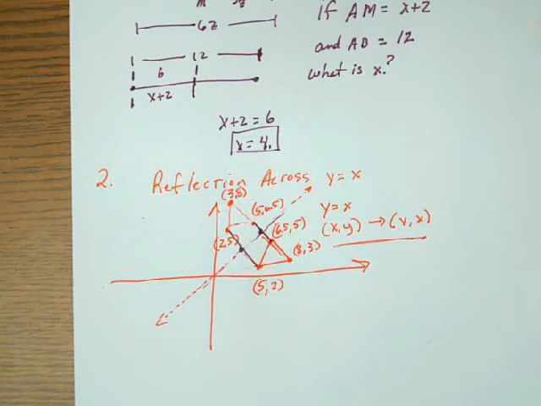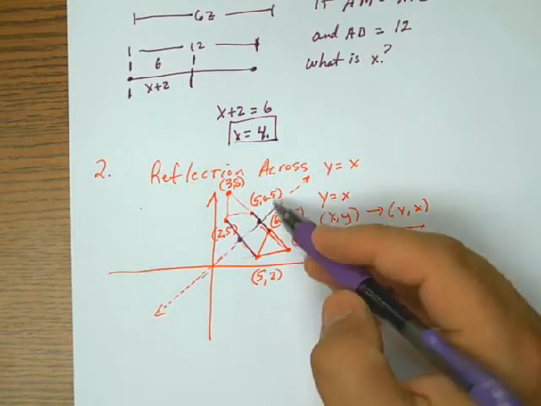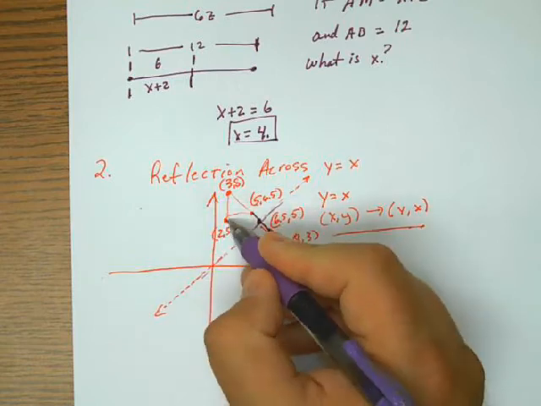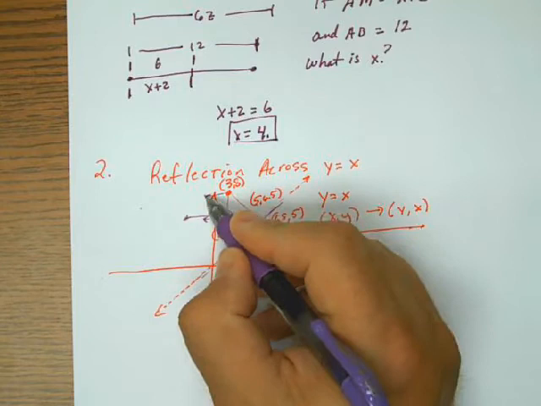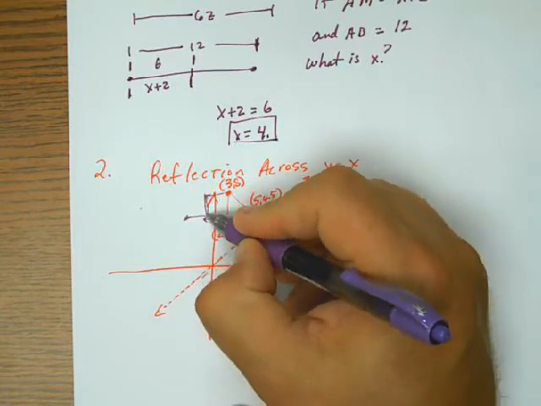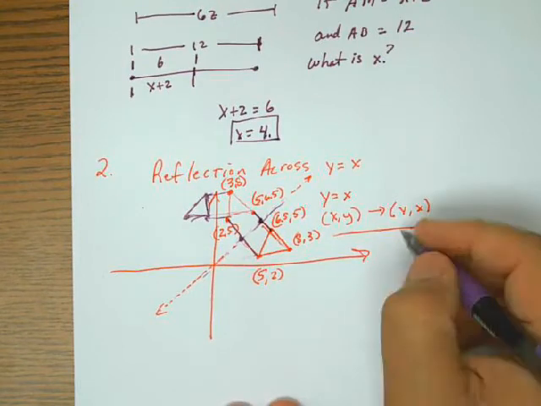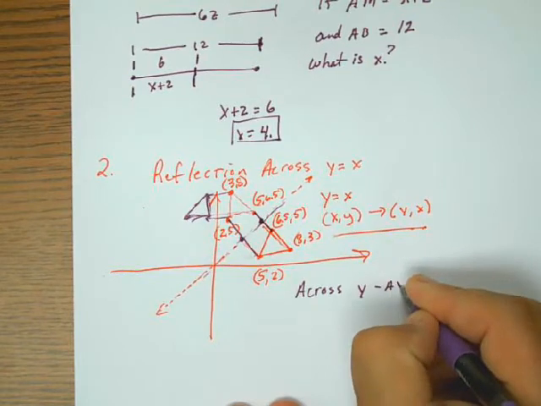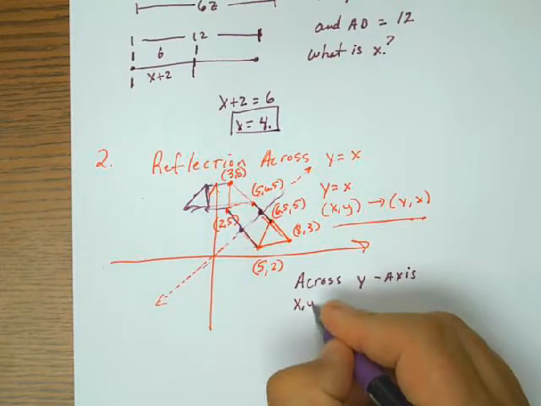Reflection across the y-axis. What if this is a double reflection, that once we go across y equals x, then we go across here? You remember the rule to cross the y-axis? Anybody?